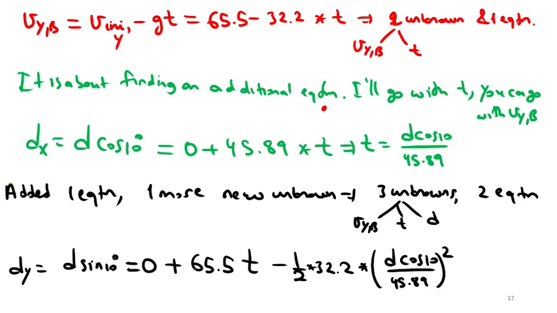Okay, so now you can see there is no new unknown. There are unknowns, but they are not new. So I just balanced the number of equations with the number of unknowns. So I have 3 unknowns, 3 equations. So what that means is that I can solve the problem easily. So similarly here, I will say that this t is equal to d cosine 10 by 45.89. I will use Excel again to solve the problem, but let me stop the recording here and then continue in the next recording.